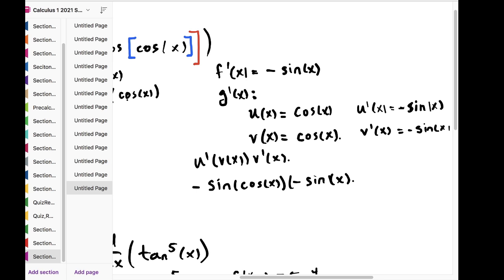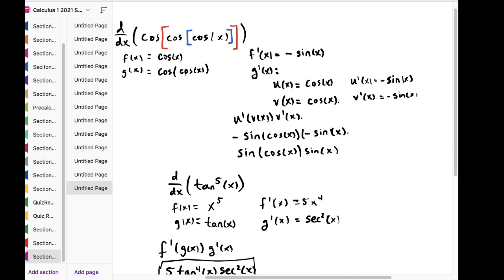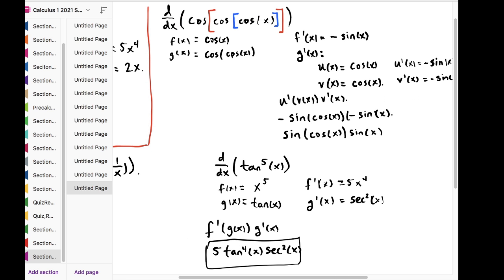So putting it together, we get sine of cosine of x, sine of x, because the negatives cancel. Okay. Move this down.